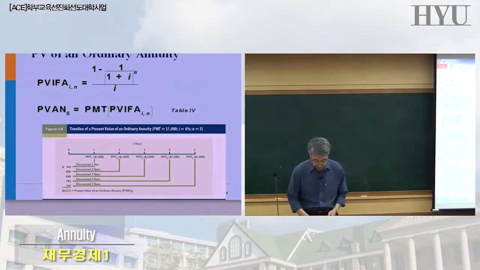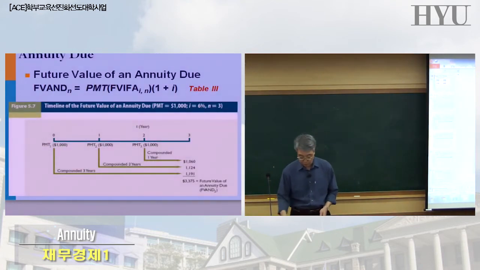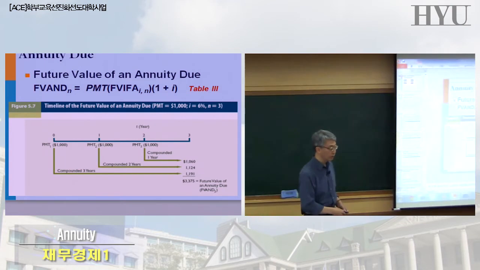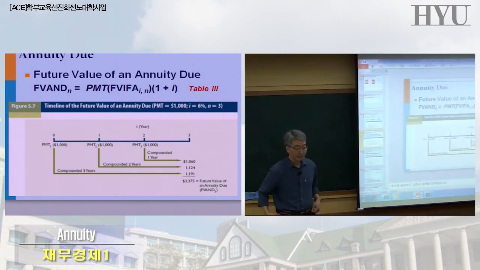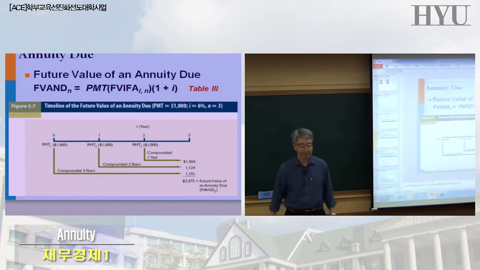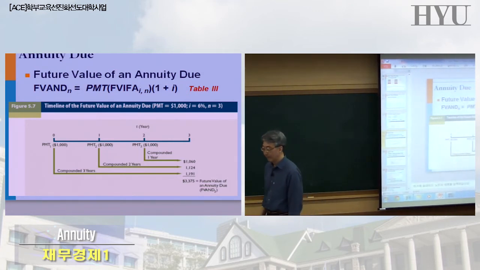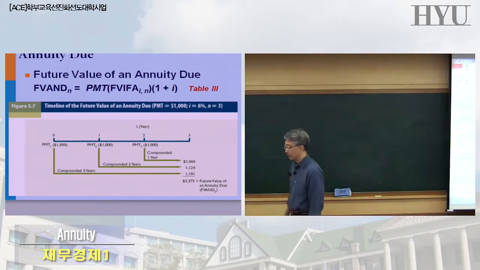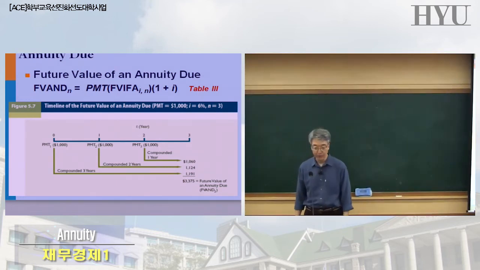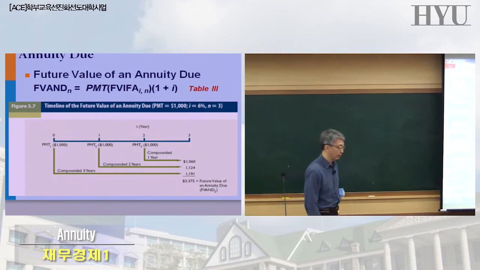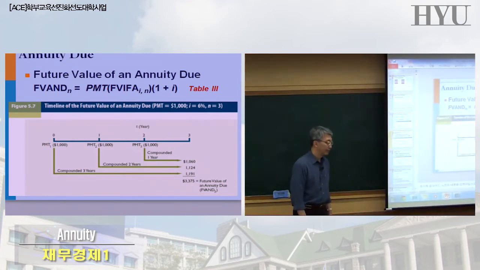So today, what we're going to talk about is, well, first topic is annuity due. What's the annuity due? What's the difference between just ordinary annuity and annuity due? Changhyun, help me. What's the difference between ordinary annuity and annuity due? It's a very simple difference, right?